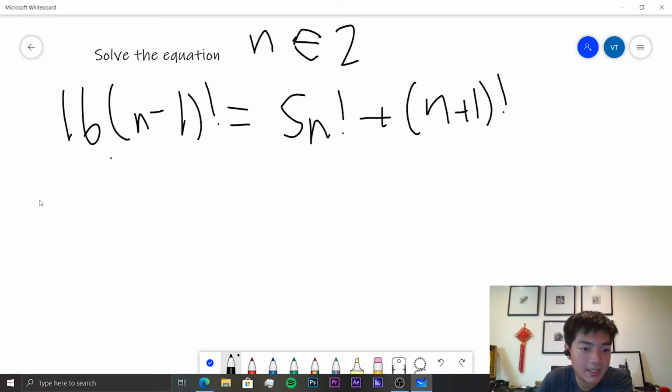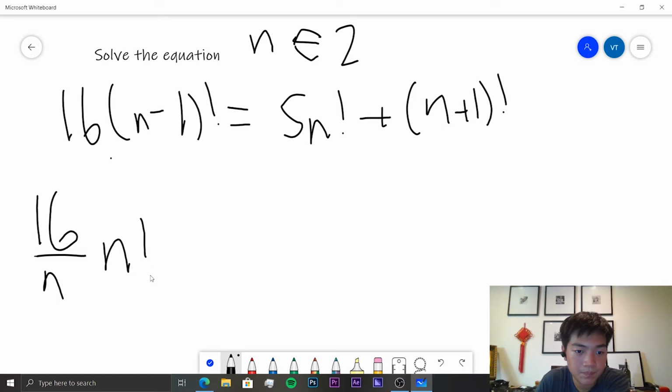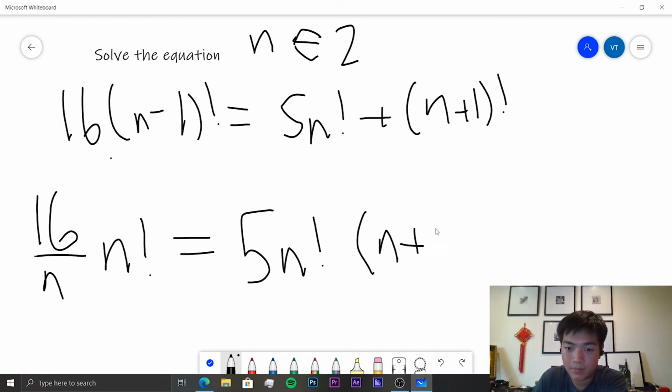Well, we know that 16 times n minus 1 factorial is equal to 16 over n times n factorial, and of course 5n factorial stays as it is, and we know n plus 1 factorial is equal to n plus 1 times n factorial.